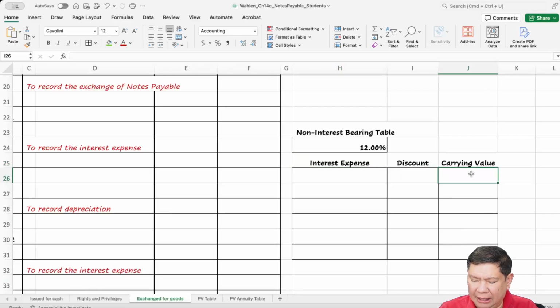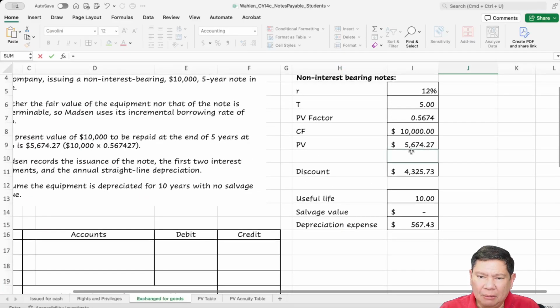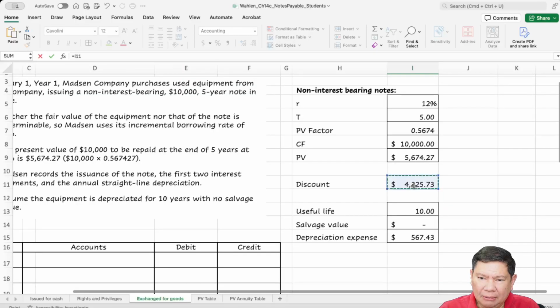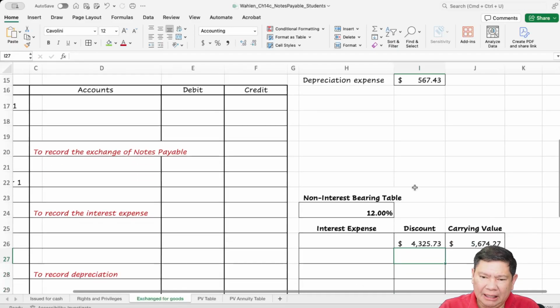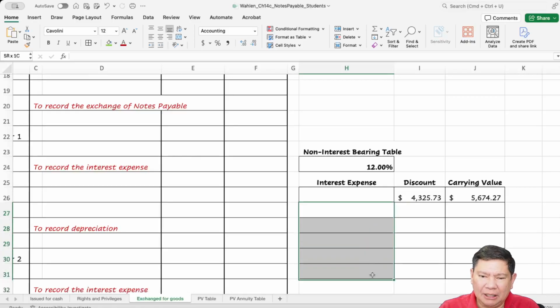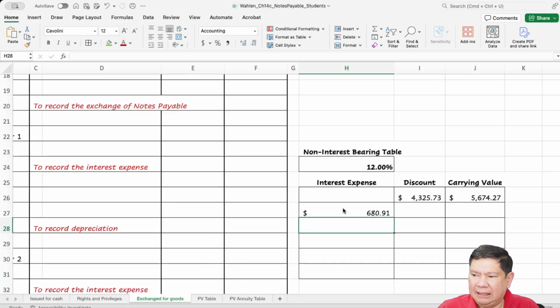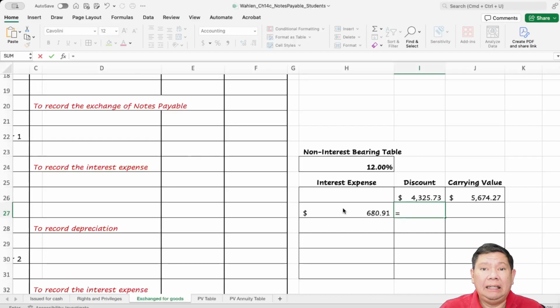Okay, and then we also calculate the non-interest bearing table for 12%. The discounted carrying value was 5674.27, and the discount was 4,325.73. So we can calculate for the next 5 years how much is the interest expense, which is 12% times the carrying value, 680.91. That is also the discount amortization because this is a non-interest bearing note.